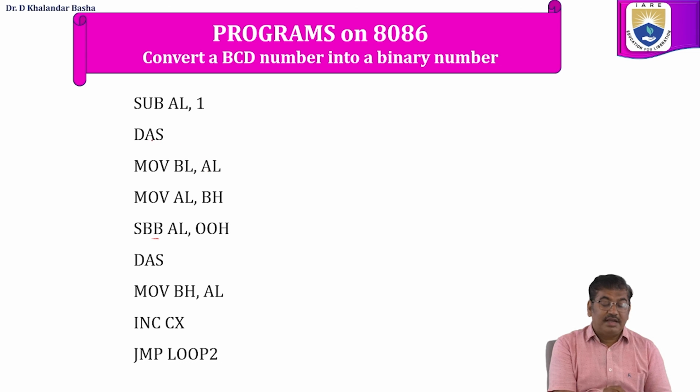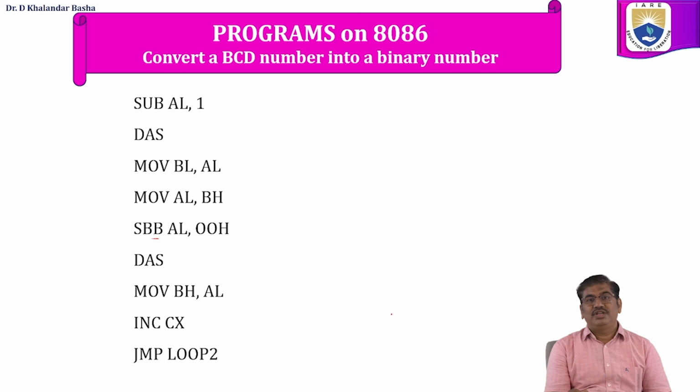Now this converted unpacked BCD number in AL will be moved back into the BL register. Then the BH register, that is the upper 8 bits of the BCD number, is loaded into AL. Previously, if any borrow was taken, that will be subtracted here and then converted.